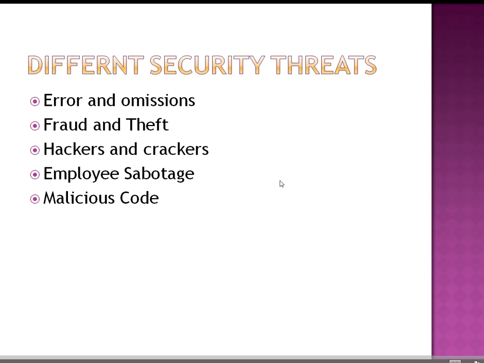They destroy the data by gaining access to your network, and this work is mostly hidden. They don't show it, they do illegal stuff. So this is about hackers and crackers.